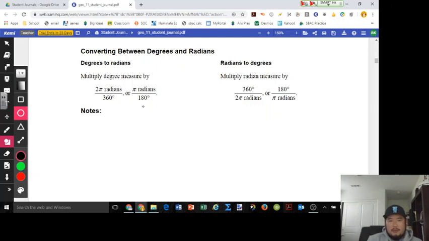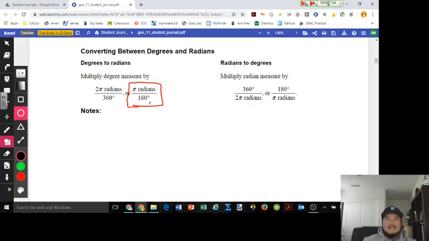I would choose pi over 180 because the numbers are smaller. 2 pi over 360 is equal to pi over 180, the reduced form. So you take your angle measurement, multiply it by pi over 180, and you will have your number in radians.